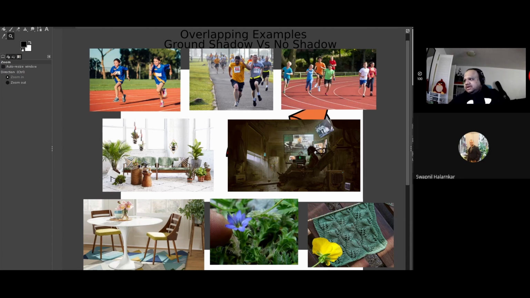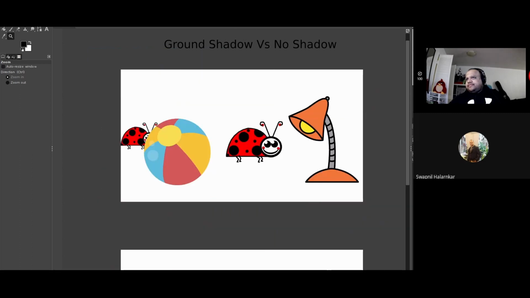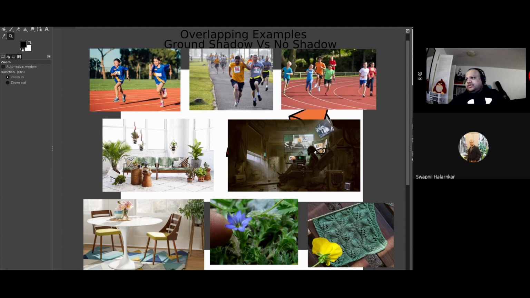Just give me a second. Maybe I just missed out on something. Okay, and then maybe I made a mistake with the layering.